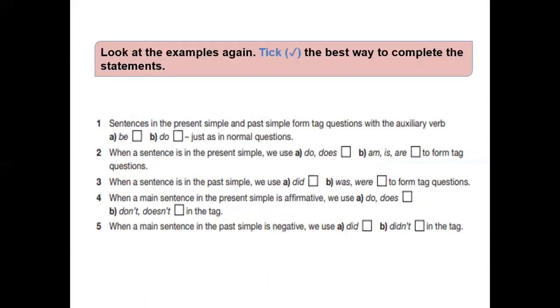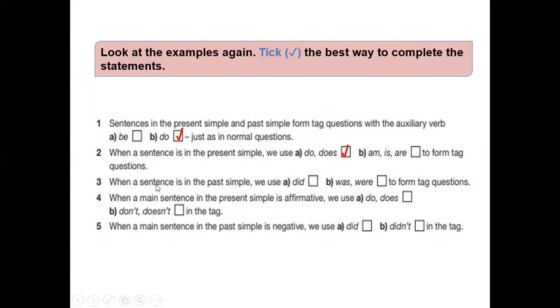Now let's move to these. Let's look at the examples again. We looked at them. Look at the examples again. Tick the best way to complete the statement. Sentences in the present simple and past simple form tag questions with the auxiliary verb be or do. Yes, it's do. When a sentence is in the present simple شو بنشتق منها? We use do or does to form tag questions.